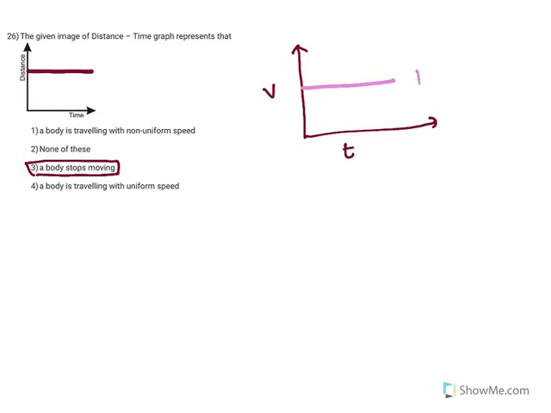This is body with constant velocity. Constant velocity means velocity remains same, so it is uniform motion. And acceleration is equal to 0, because the velocity is constant and does not change.